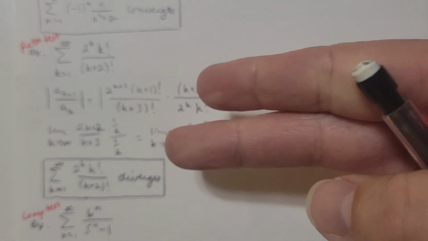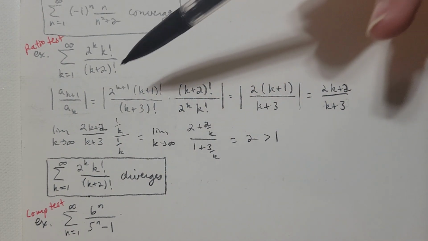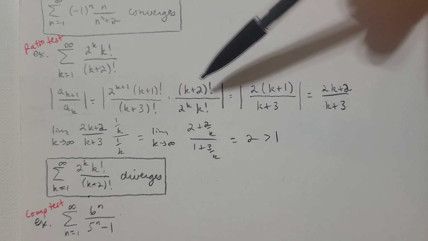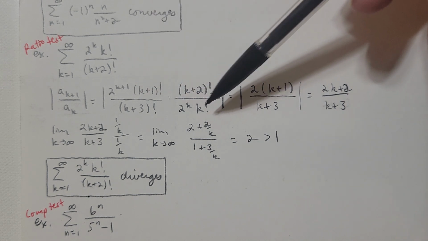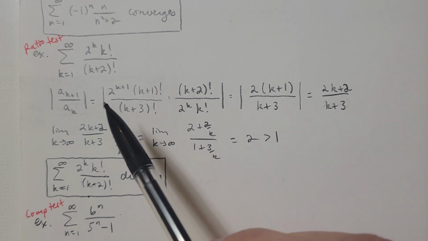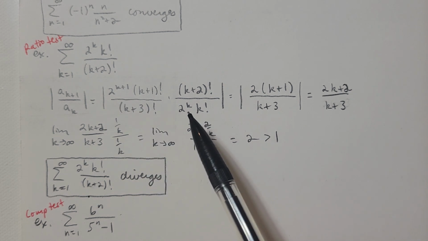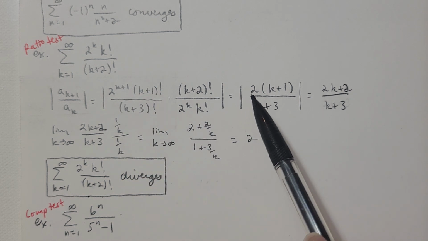So if I flip the a sub k there, I'm multiplying this by k plus 2 factorial divided by 2 to the k times k factorial. Okay, so this is what I got to simplify here. 2 to the k plus 1, the same as 2 to the k times 2. 2 to the k cancels with 2 to the k down here, so I'll be left with 2 up top.